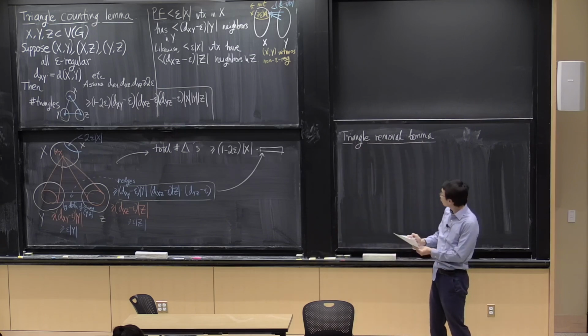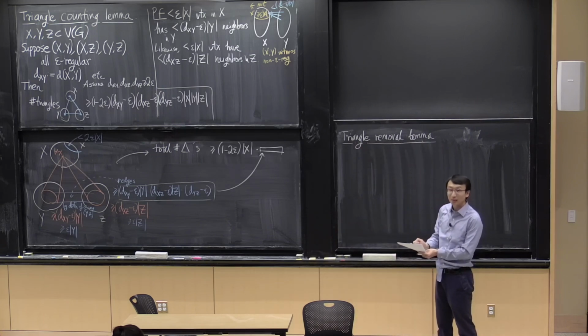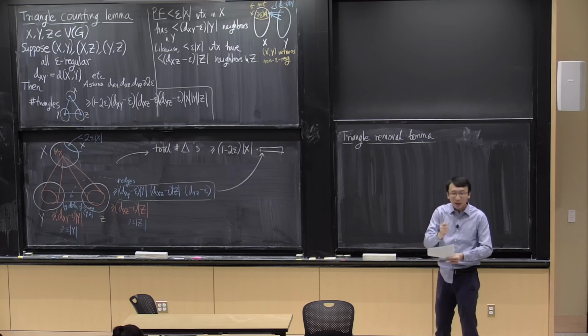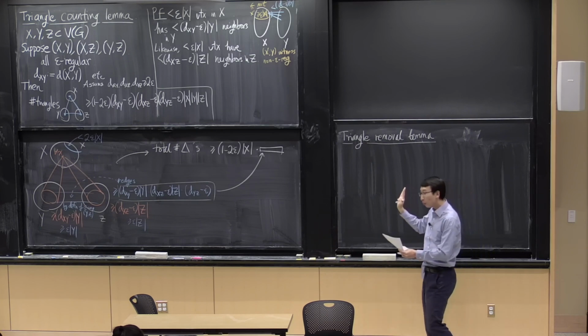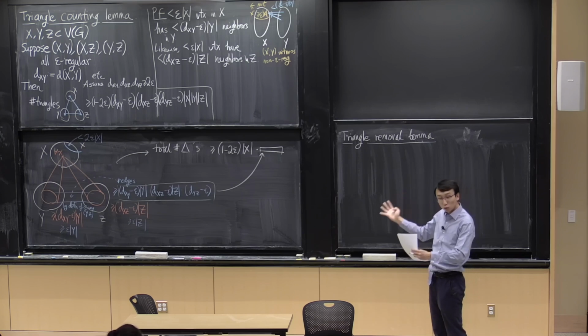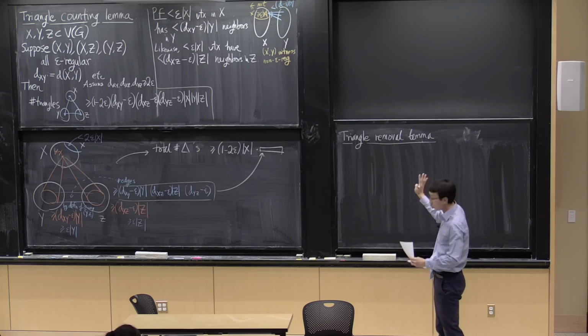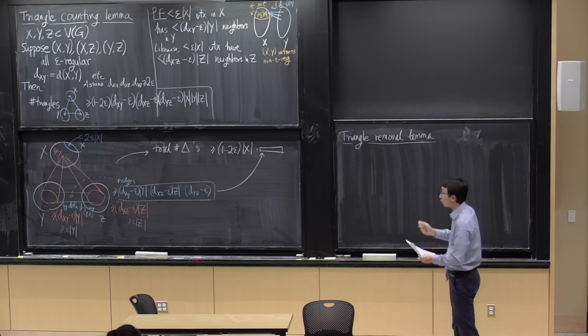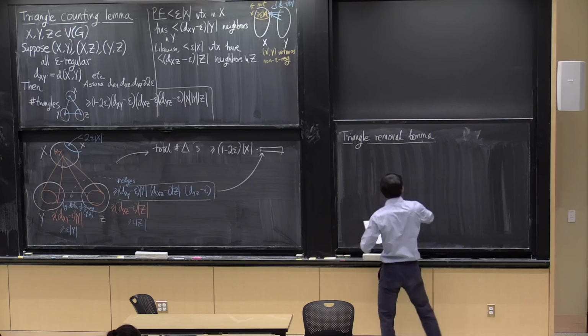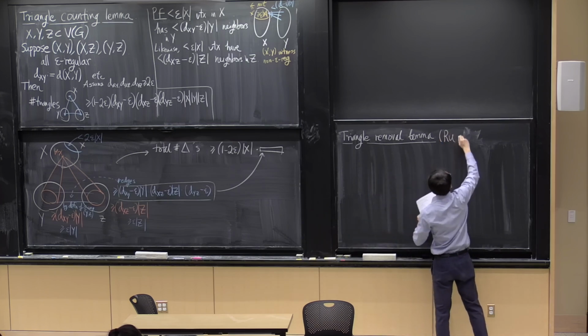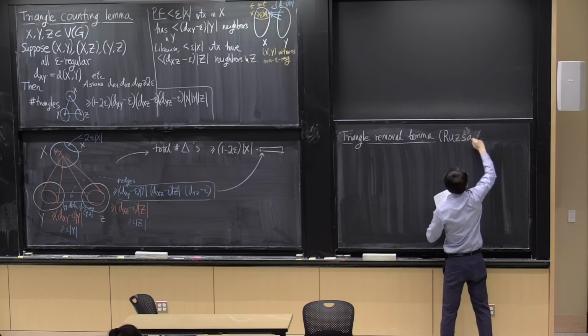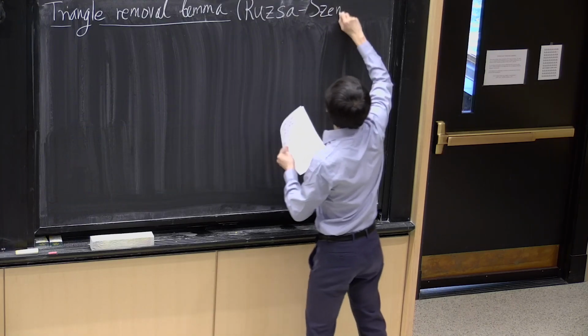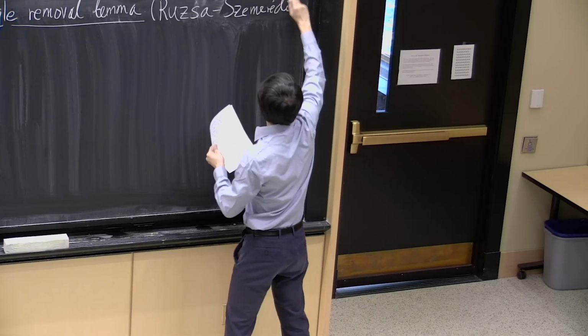Okay, so this is a somewhat innocuous looking statement that actually is surprisingly tricky to prove, and part of the development of this regularity lemma was to prove the triangle removal lemma. This is one of the early applications of the regularity lemma. Okay, so it's due to Roth and Szemerédi back in the 70s.